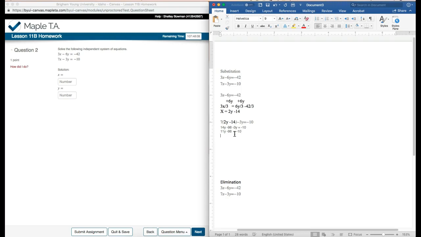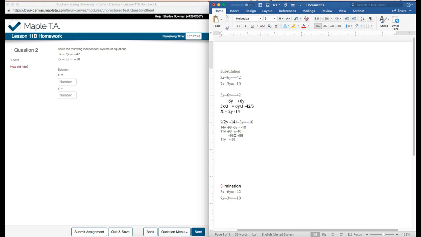Okay, now to continue solving, I need to add 98 to both sides. There we go. And negative 98 plus 98 equals 0. So I'm left with 11y equals a positive 98 and a negative 10 makes a positive 88.